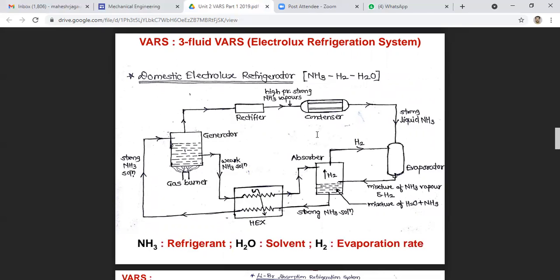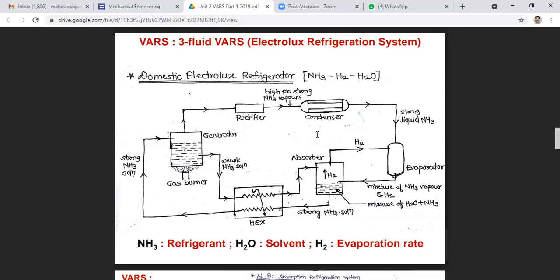So in the Electrolux refrigeration system, we are finding that the Electrolux refrigerator is a vapor absorption system which does not require the pump, so it reduces the amount of power input to the system and the efficiency of the system is improving.